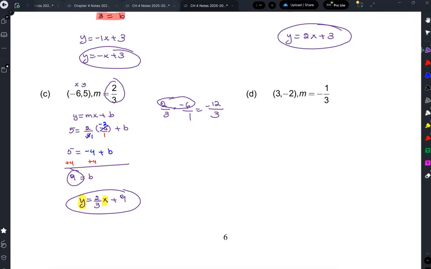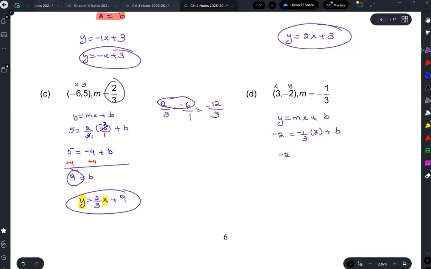Okay? Okay, now let's do this one. So y equals mx plus b. Negative 2 equals negative 1 over 3 times 3 plus b. So this is negative 2 equals, what's negative 1 over 3 times 3?